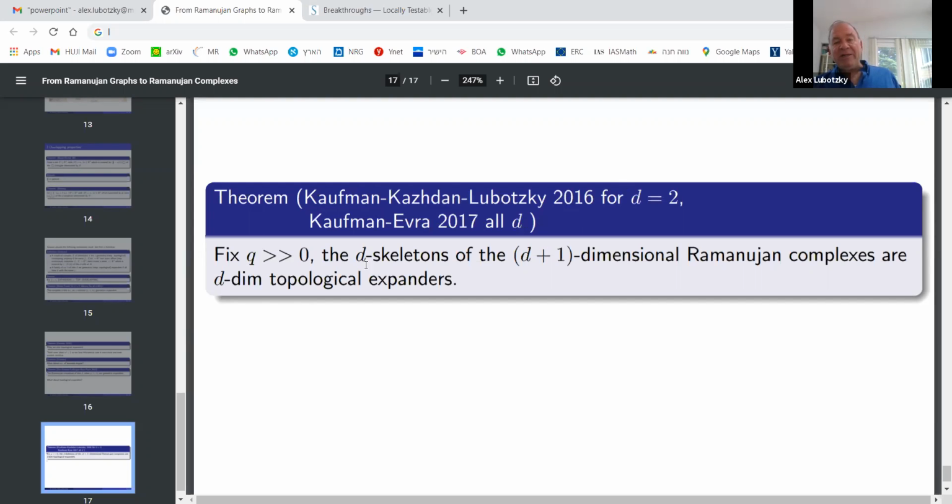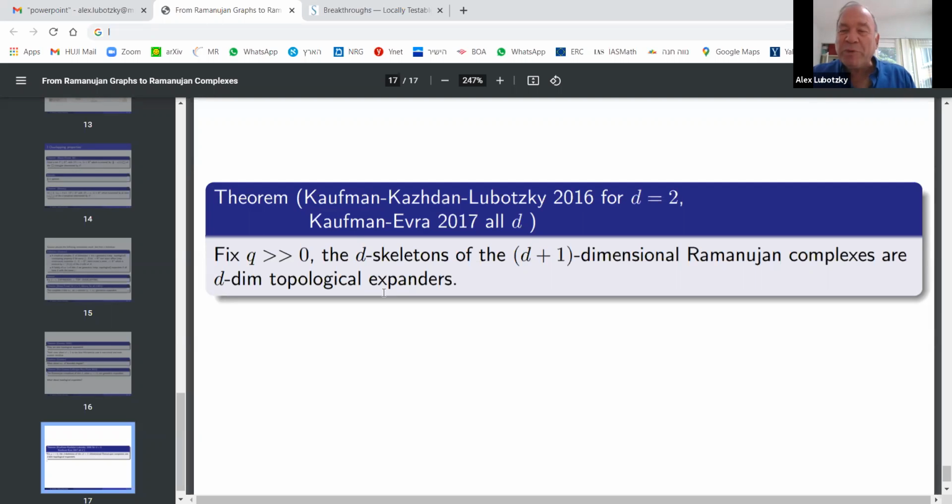The d-skeletons of the (d+1)-dimensional Ramanujan complexes are d-dimensional topological expanders. We don't know if the Ramanujan complexes themselves are topological expanders. But we say, forget about the top structure, just take the d-skeleton. Because it's done for every d, this is a full solution to Gromov's problem, though we are not sure.